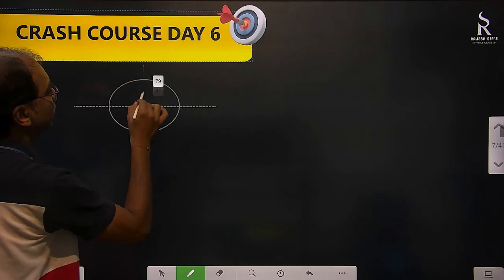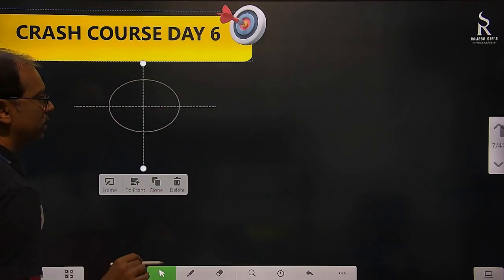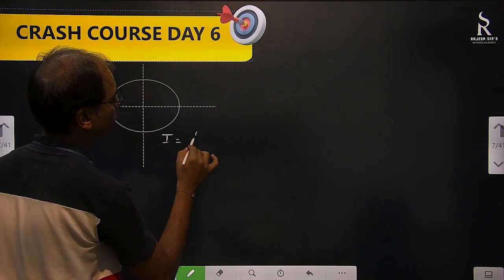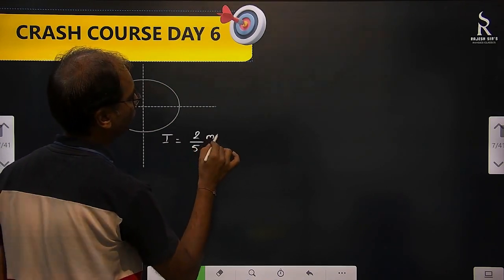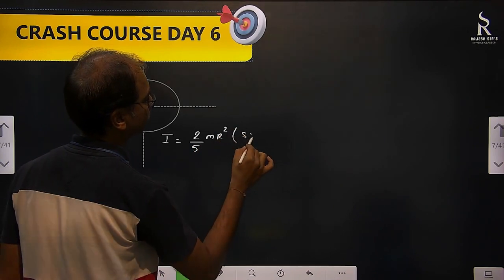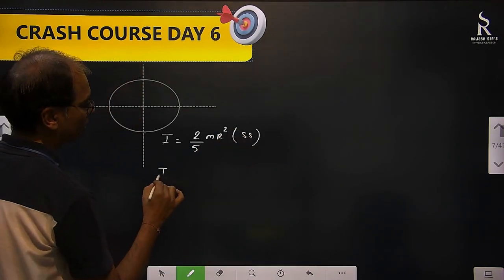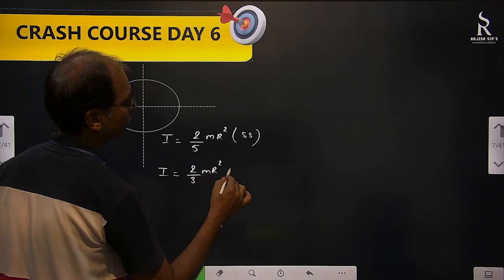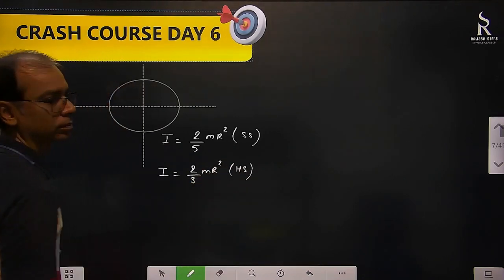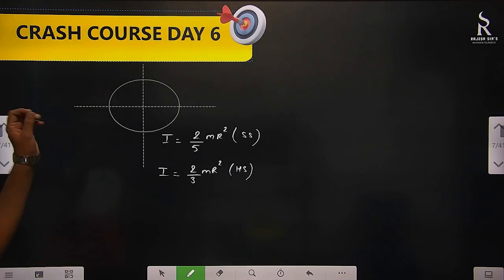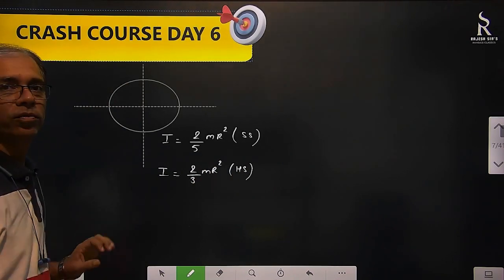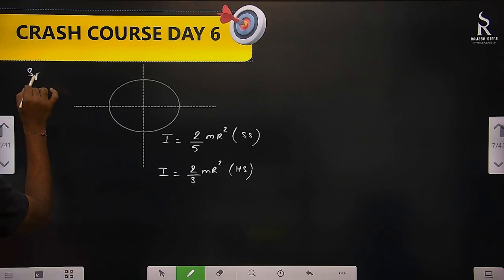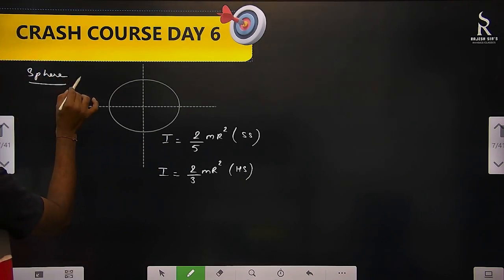If the axis is passing through the center, then the moment of inertia is 2 by 5 mr square for a solid sphere, and for a hollow sphere, 2 by 3 mr square. This is for these round objects. The four round objects we saw. This is the moment of inertia.